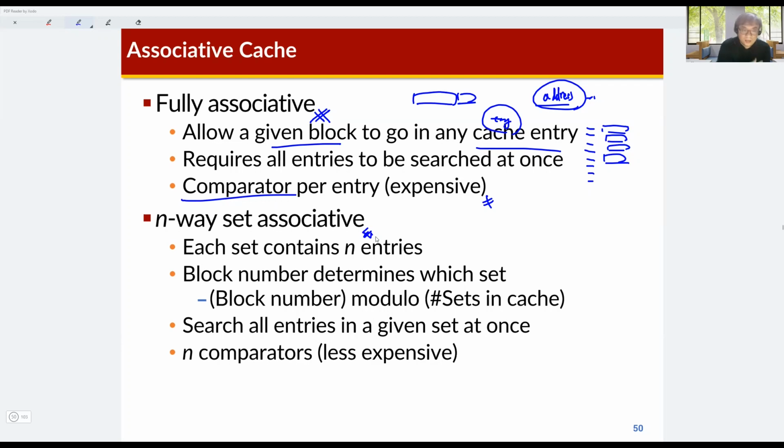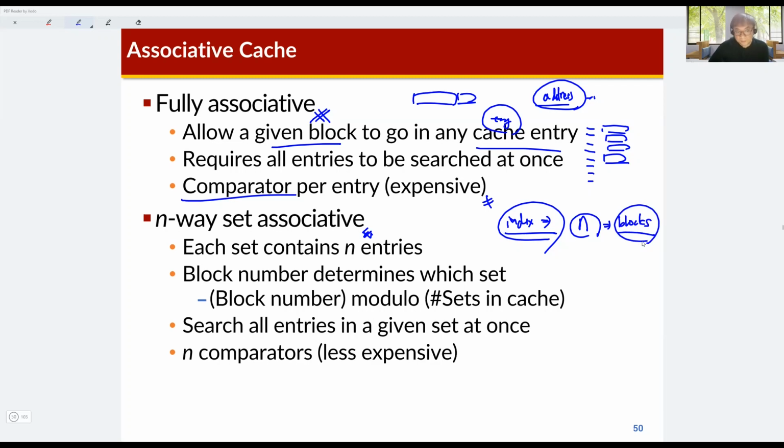So another solution is the n-way set associative cache. An n-way set associative cache means that one cache index may include n cache blocks.